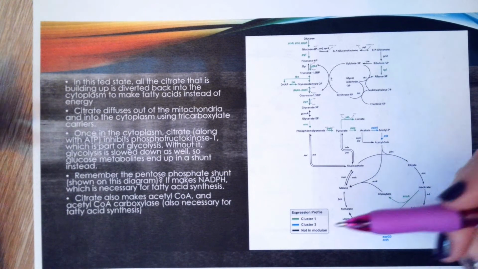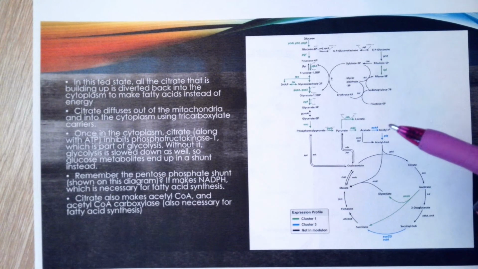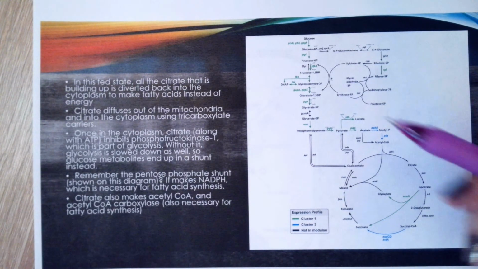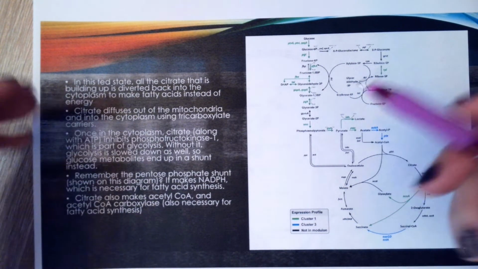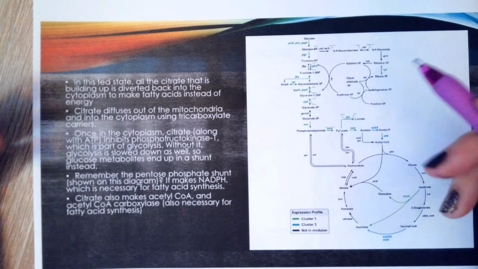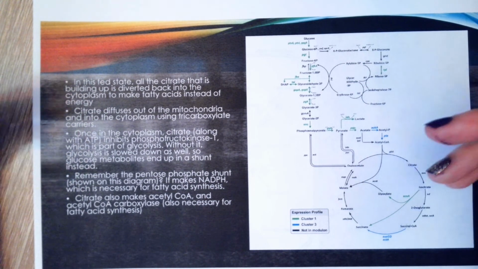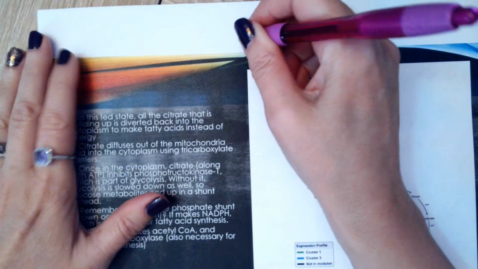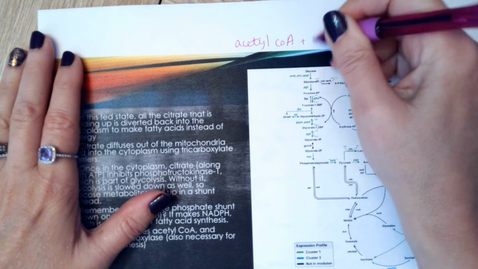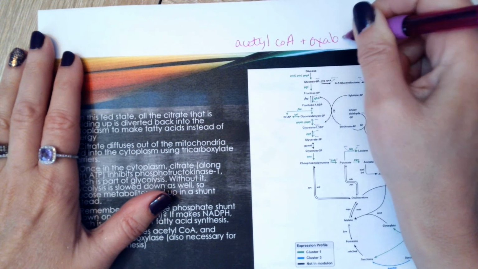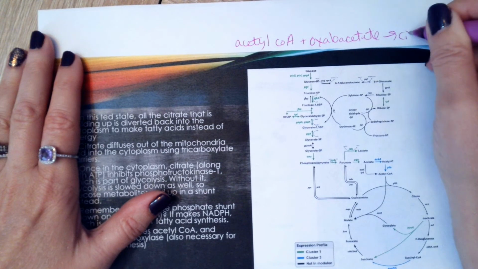Because remember, when we are taking our pyruvate, turning it into acetyl-CoA and reacting it with the so-called last part of the Krebs cycle, the oxaloacetate, we are doing that in the mitochondria. And when we react acetyl-CoA plus oxaloacetate to enter the Krebs cycle, we end up with citrate.